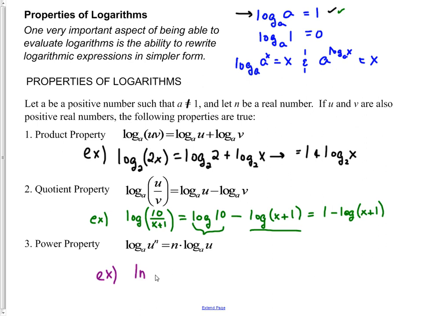This is a logarithm base e of x to the third. Well, by this rule, that x to the third can be broken up as 3 times the natural logarithm of x. That's pretty good, right? That changes exponents into multiplication, which is useful for us, and we'll find out how in the upcoming video.